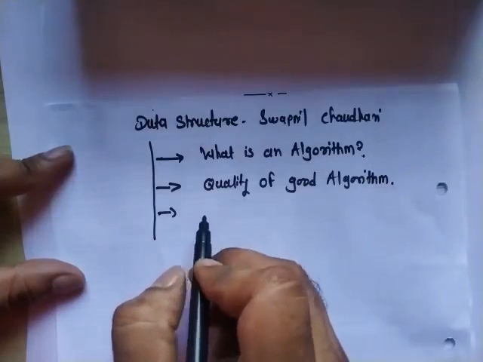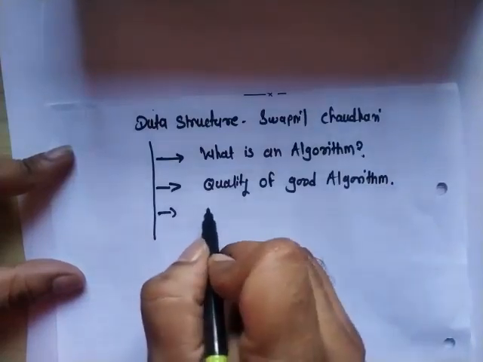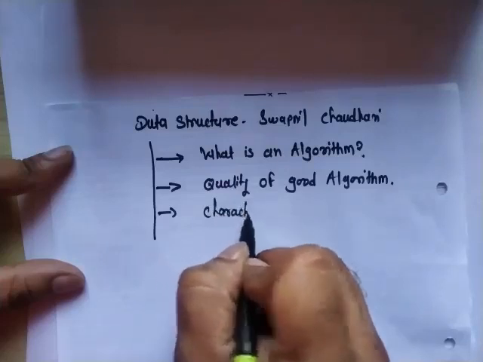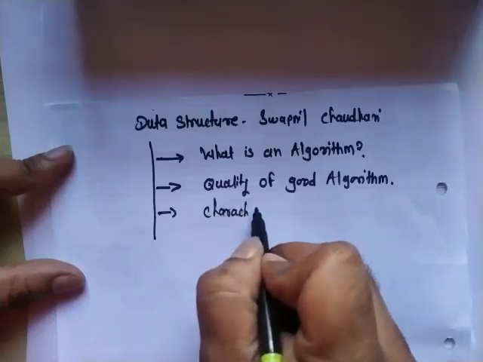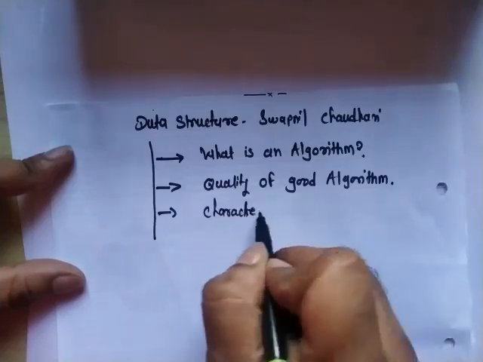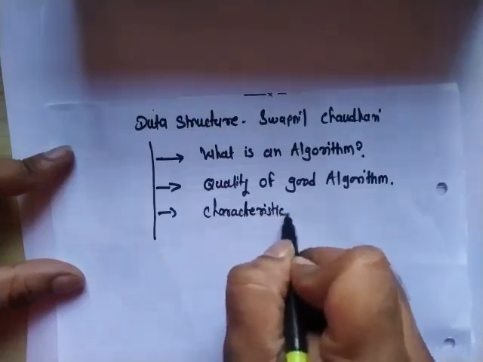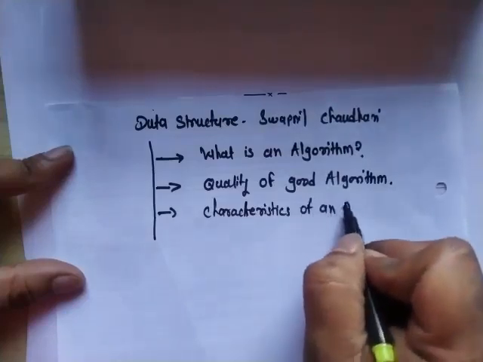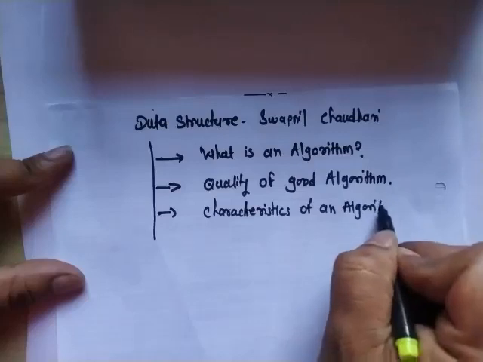Then we are going to see the characteristics of an algorithm.